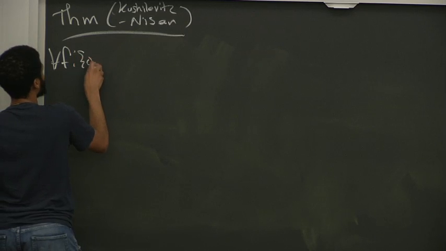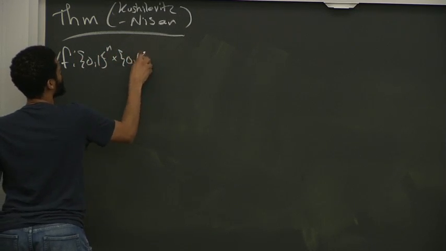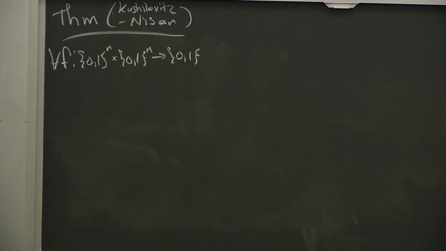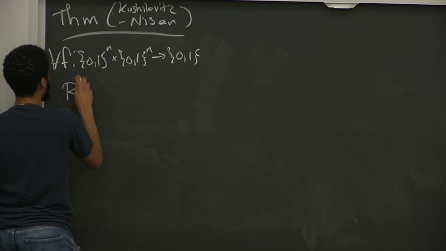which says that for any function f, for any communication problem, f is your communication problem, let's say 2 players, the randomized private communication complexity.